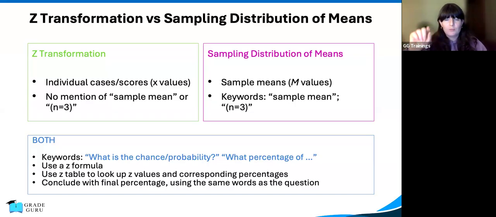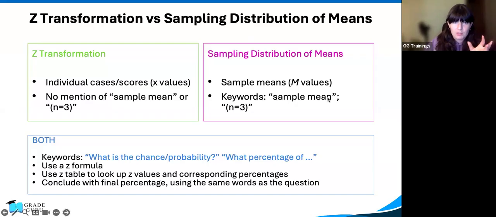Whereas for the sampling distribution, the keywords sample mean are going to appear. They're not talking about drawing an individual, they're talking about drawing a sample mean. And they will also give you N. If you remember the Z transformation formula, N was not involved, so they had no reason to give it to you.